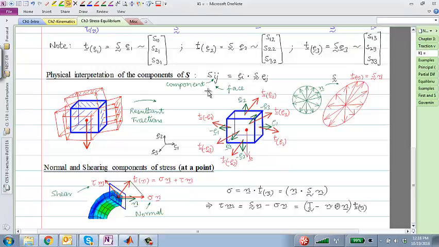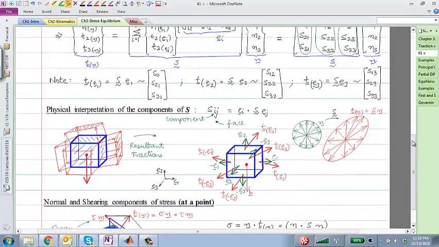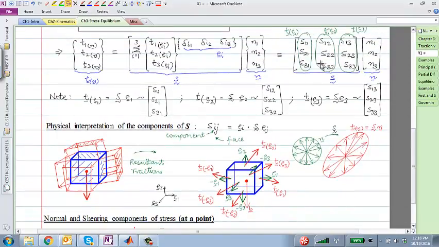Now we also know the interpretation of the components of any tensor: we can pick out the component ij by acting it on ej, which gives me some vector, dotted with ei. That would pick out the Sij component out of these 9 components.